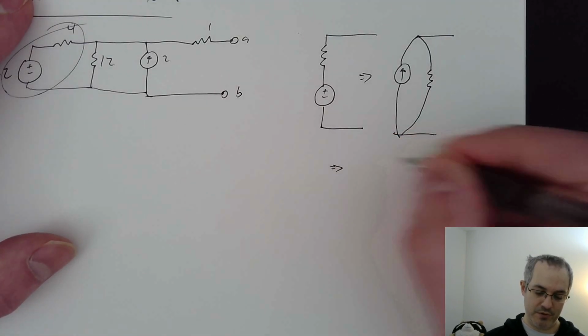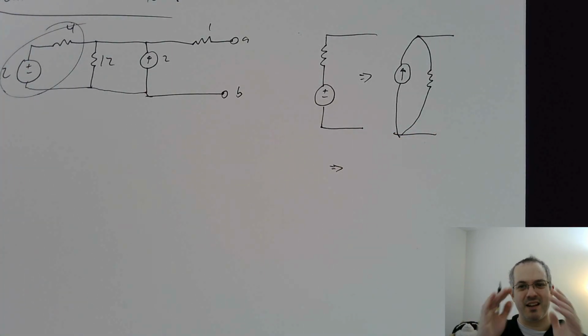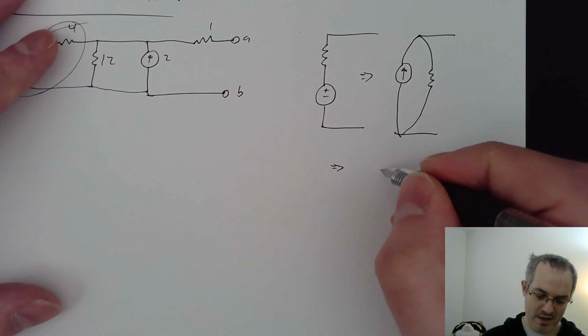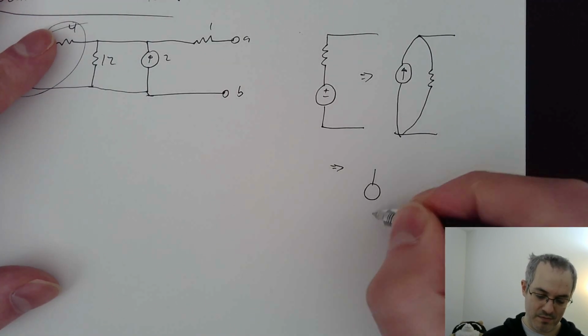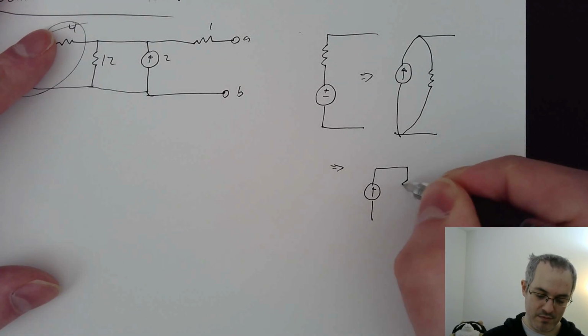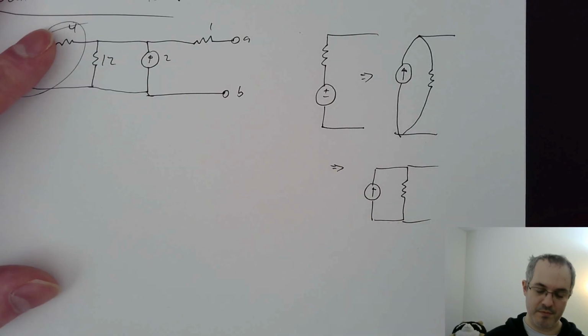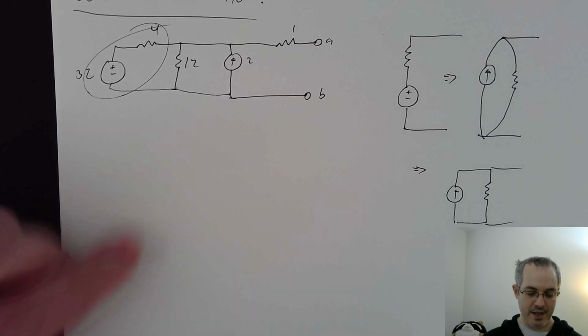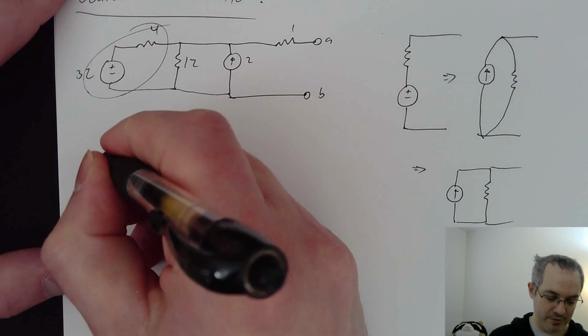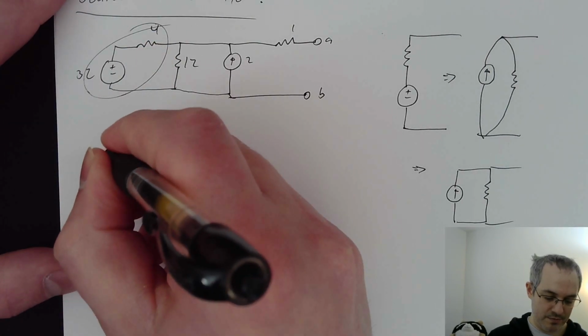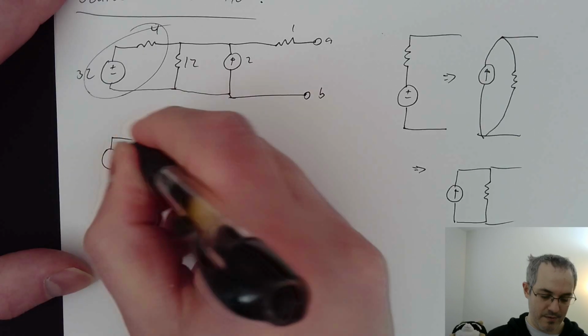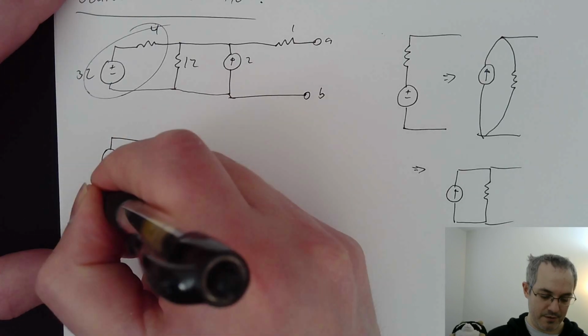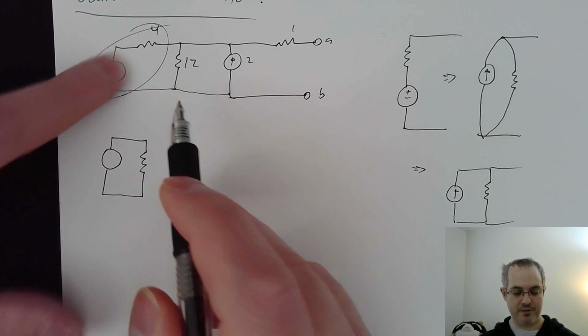And then, of course, you don't normally write them like that with the little bow looking thing. You would normally want to square it up, make it look professional. So that's all we're doing here with this guy. So we're going to do source, resistor. All right, so that takes care of those two.